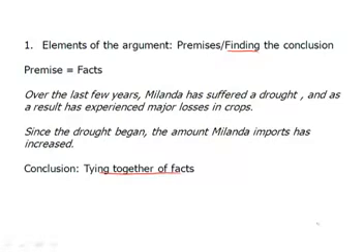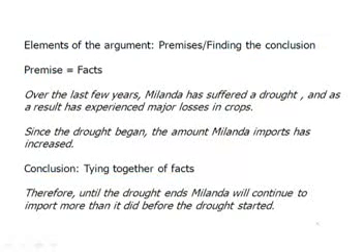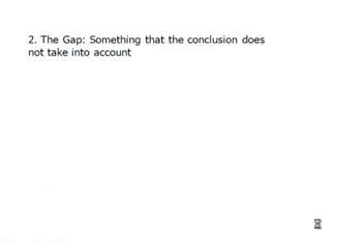So what's tricky about these isn't identifying the premise and identifying the conclusion, but it's identifying the gap. So you can see here's the conclusion stated. It's word for word. But the gap is something that the conclusion does not take into account. Moreover, it's something that's not even printed. It's this missing piece, and that's what makes it difficult to find.